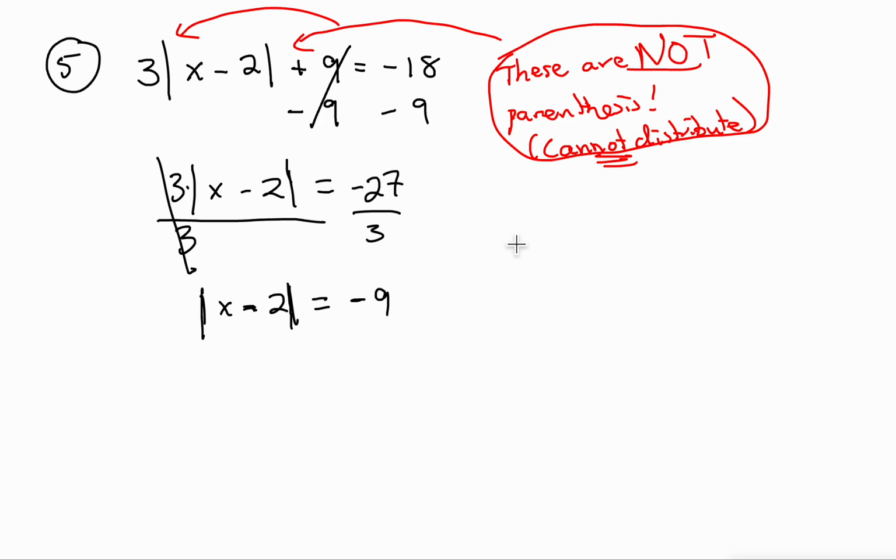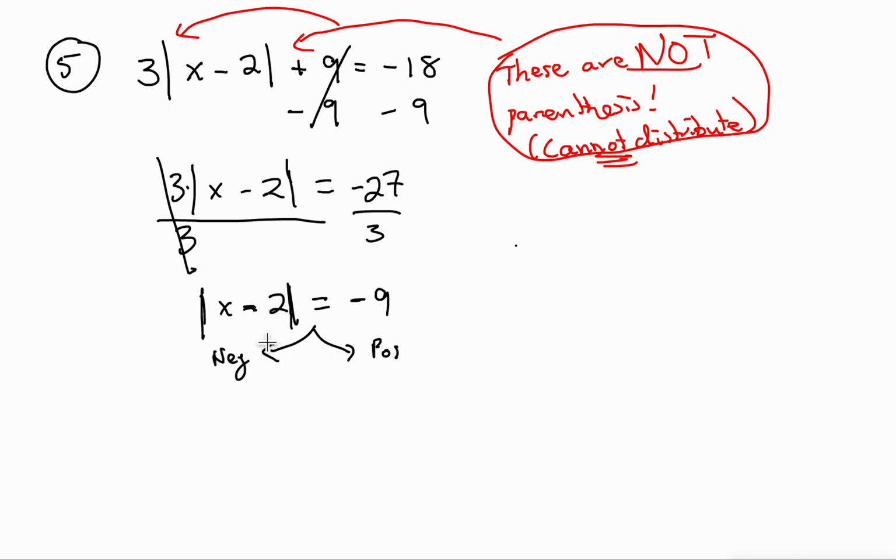Now, what happens a lot of times in these complicated ones is we start to get into our solving mode, and we can continue on solving. So let's pretend that we didn't see that this absolute value is negative, and we continued to solve the negative and positive side. That's how we undo the absolute value.